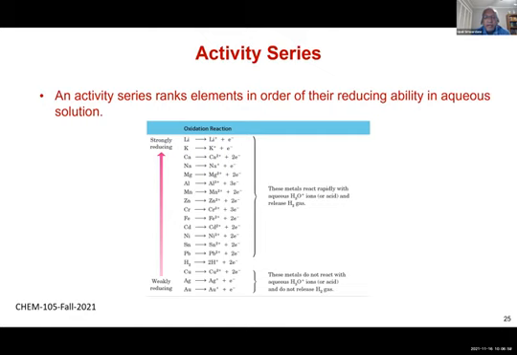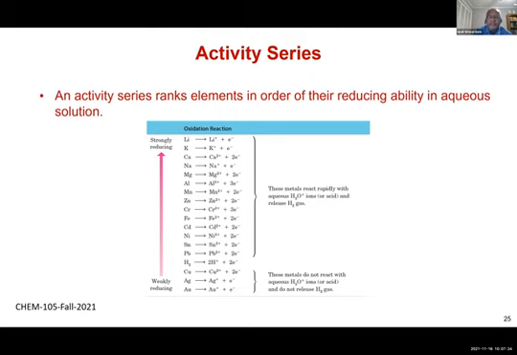Here, fourth from the bottom, hydrogen is shown as in an oxidation reaction. What in fact takes place is the reduction, the reverse of these. These are half reactions, which we talked about.